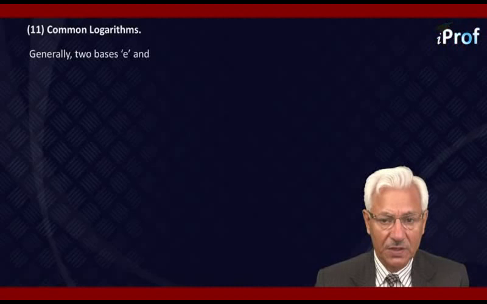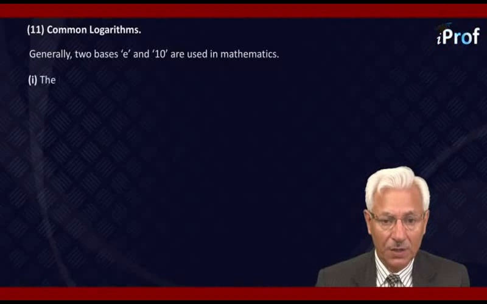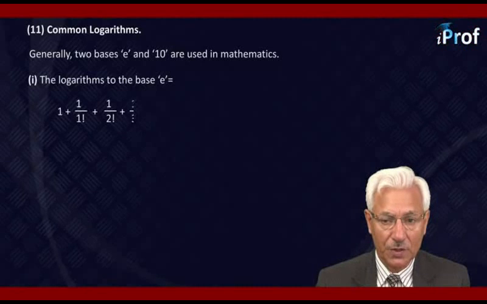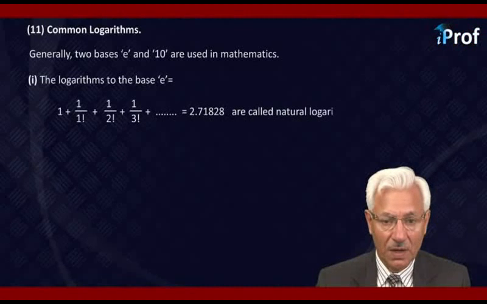Next we take up types of logarithms generally used. Generally, two bases, e and 10, are used in mathematics. The logarithm to the base e, where e is equal to, we know it, 1 plus 1 upon 1 factorial, plus 1 upon 2 factorial, plus 1 upon 3 factorial, plus so on, which accounts for 2.71828, are called natural logarithms.